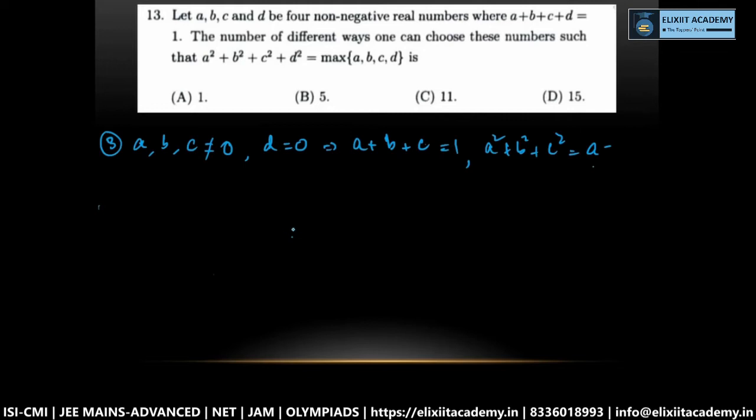Right? Similarly, you can go by that same procedure. You will get A is equal to 1/3, B is equal to 1/3, and C is equal to 1/3, and D is 0.